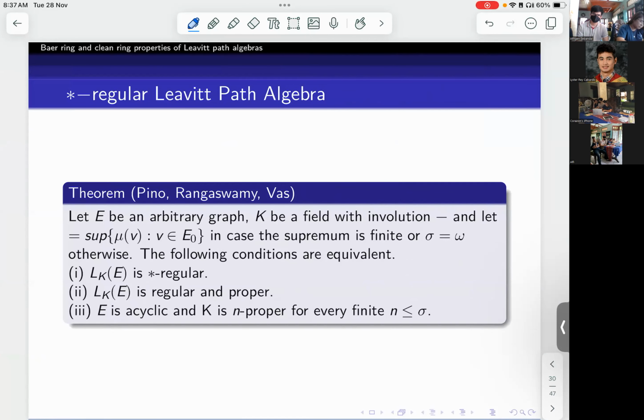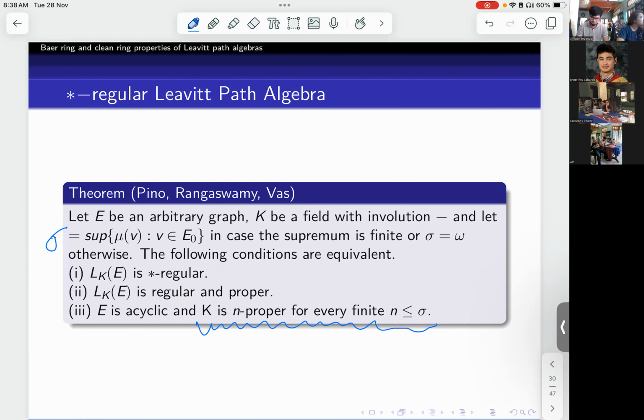So the previous result was generalized, and what was proved is that a Leavitt path algebra is star regular if and only if it is regular and proper, if and only if the graph is acyclic, and there is an additional condition: K is n-proper for every n less than or equal to sigma.